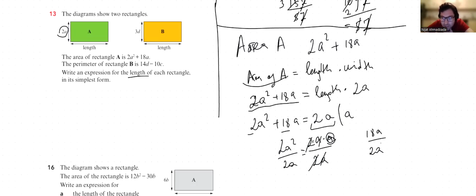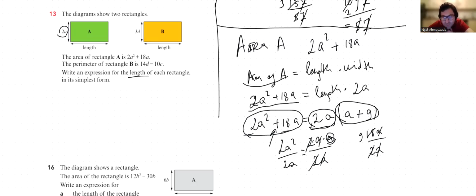So 2 and 18, we got 9. So a and 9. And what do we have in between? We have plus, a plus 9. So I see that this expression, 2a squared plus 18a, is the area, right? And that expression can be factorized as 2a multiplied by a plus 9.